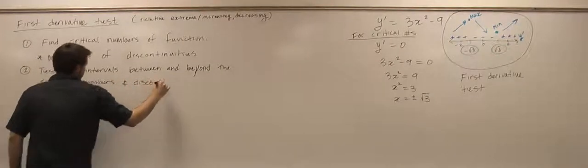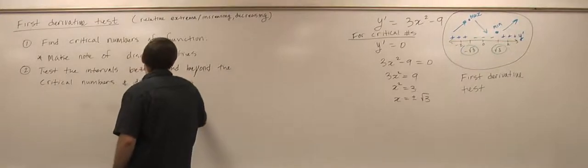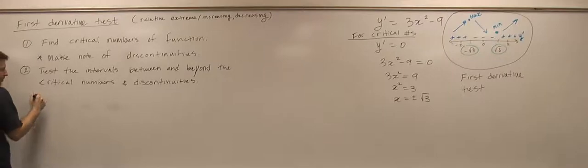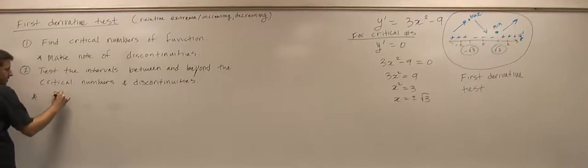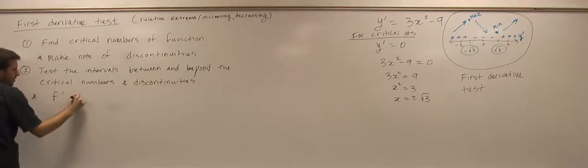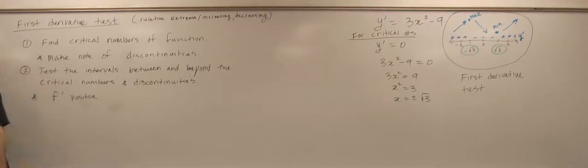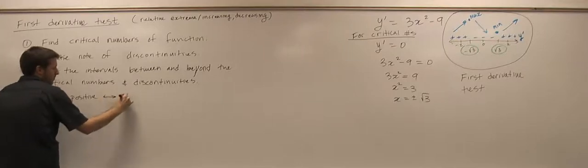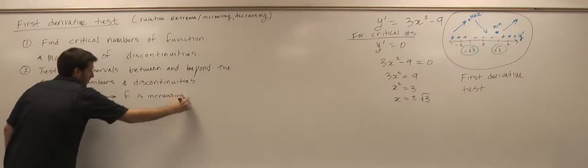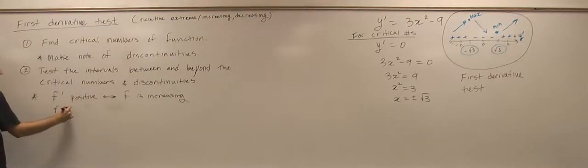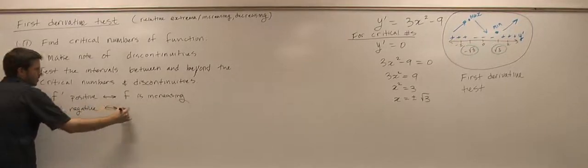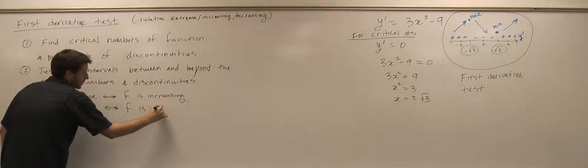This test is going to tell you two things. First, if your derivative is positive, so if f prime is positive, your original function is increasing. If f prime is negative, the original function is decreasing.